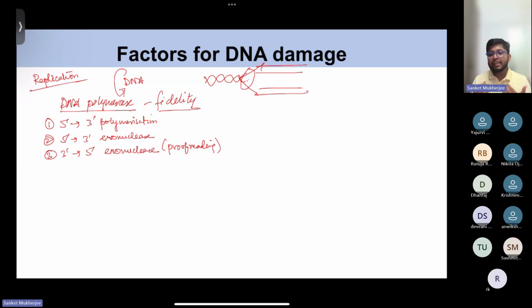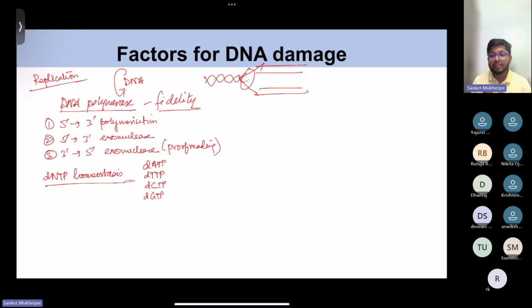Apart from DNA polymerase's own fidelity, there could be other factors as well which could lead to replication error. So there could be a problem in dNTP homeostasis. What does this mean? dNTPs are the precursor elements. If you have done a PCR, dNTP mixes are added. This consists of dATP, dTTP, and then there is dCTP and dGTP.